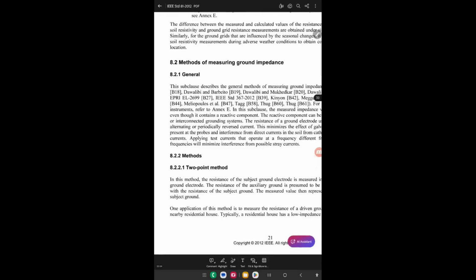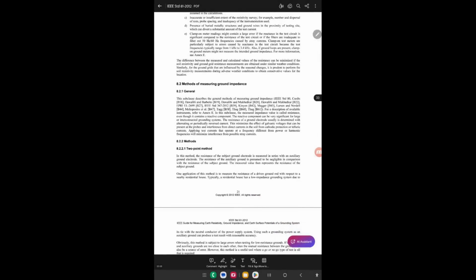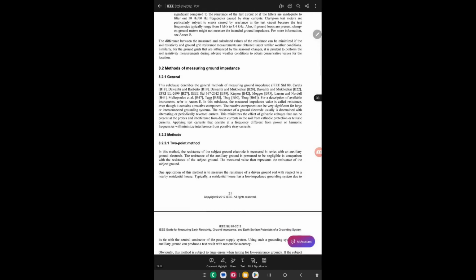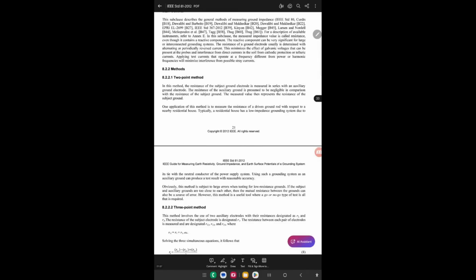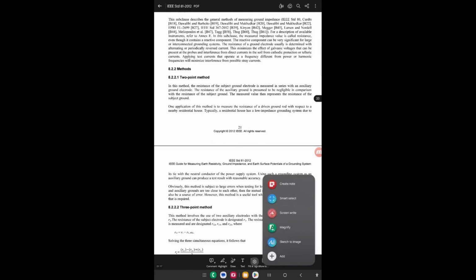So they tell me that the method for measuring impedances or resistances of grounding. They tell you that you can use the 2-point method.